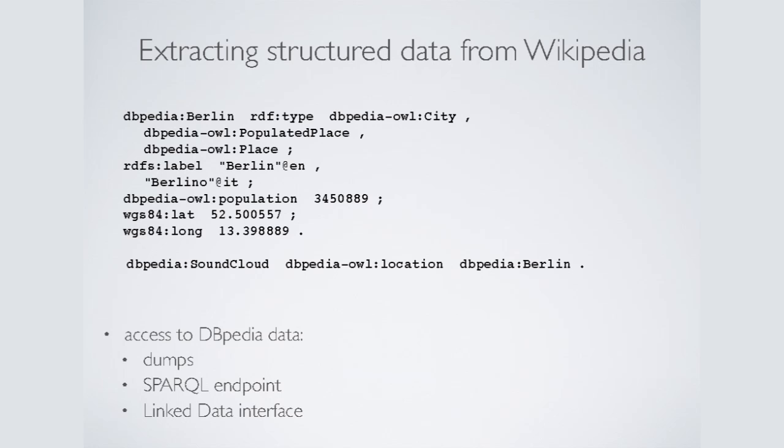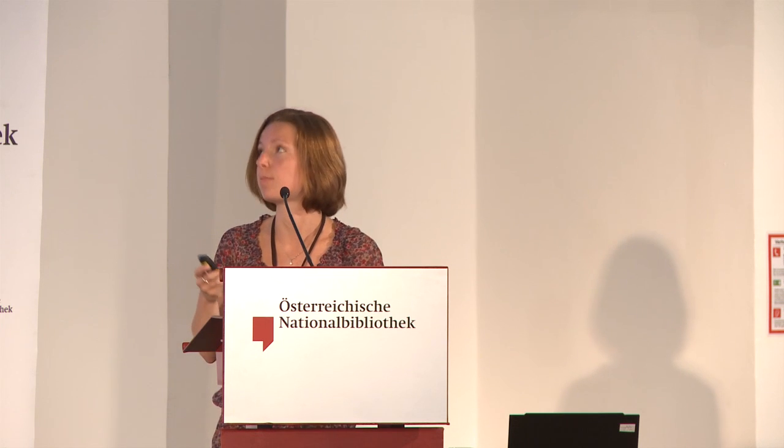In this case, SoundCloud, a company, is located in Berlin. You can access the data via the dumps available on the website, via normal web interface as well, via the SPARQL endpoint to query the data, and also via the linked data interface to dereference the URIs and traverse further into the web of data.